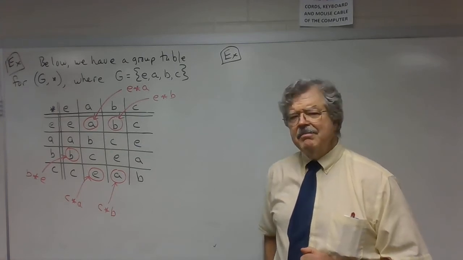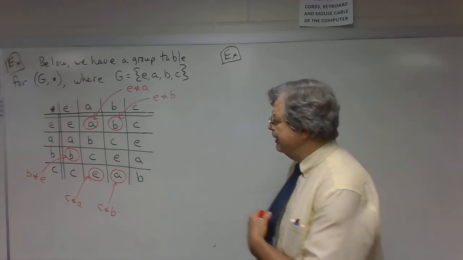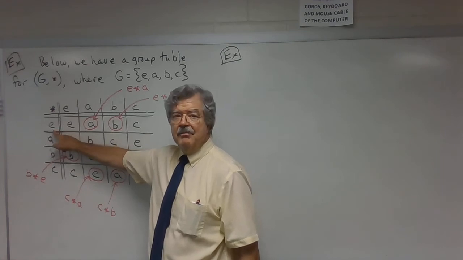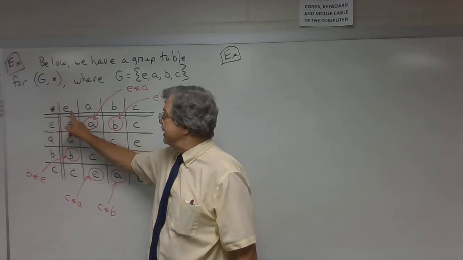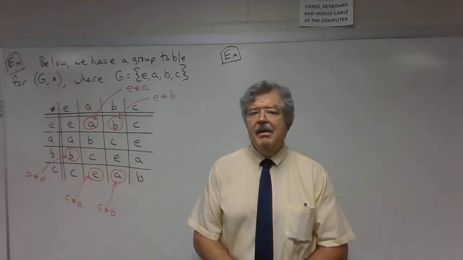By the way, I did mention a minute ago that it's customary to have the identity head the first row, and it's customary to have the identity head the first column.